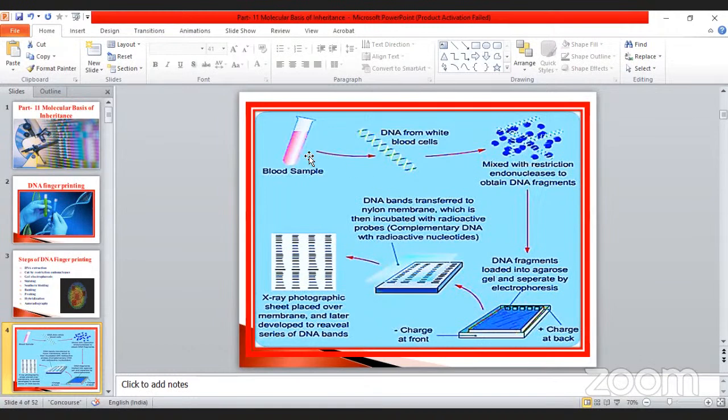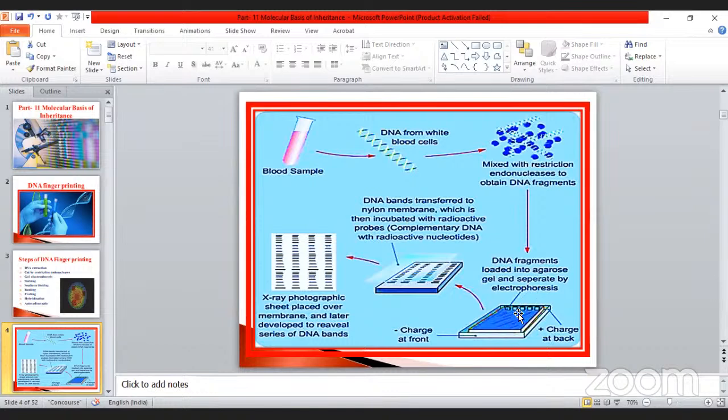Once again: collection of sample, DNA from the white blood cell, cut into different fragments, then applied to the electrophoresis technique.